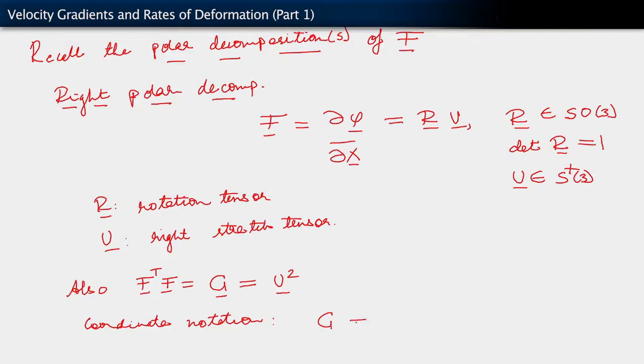Okay, so C is F transpose F, and now writing out the indices for F, remember how this works out. You may observe that I've already skipped a step on the right-hand side. I've directly written F transpose in terms of the components of F, right?